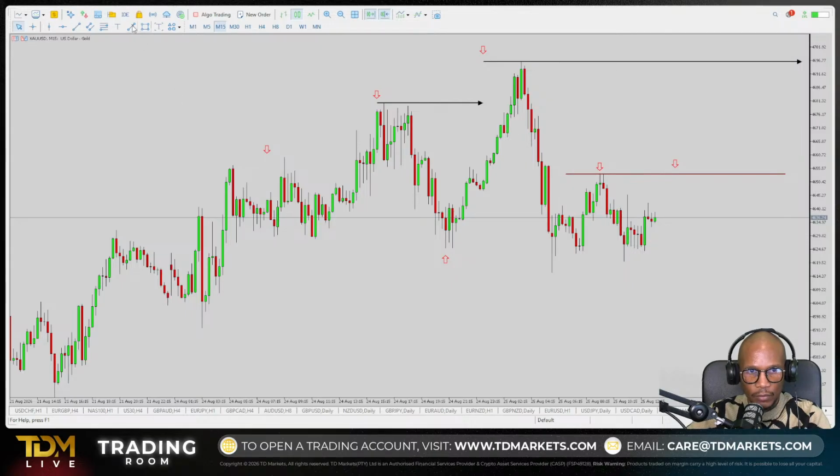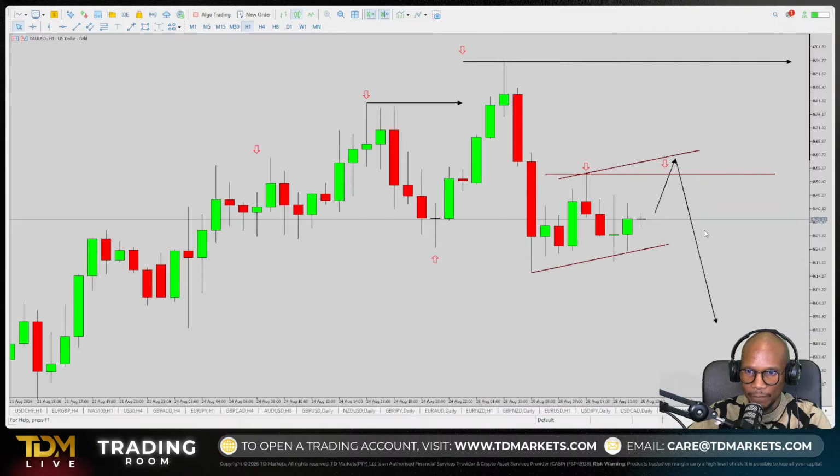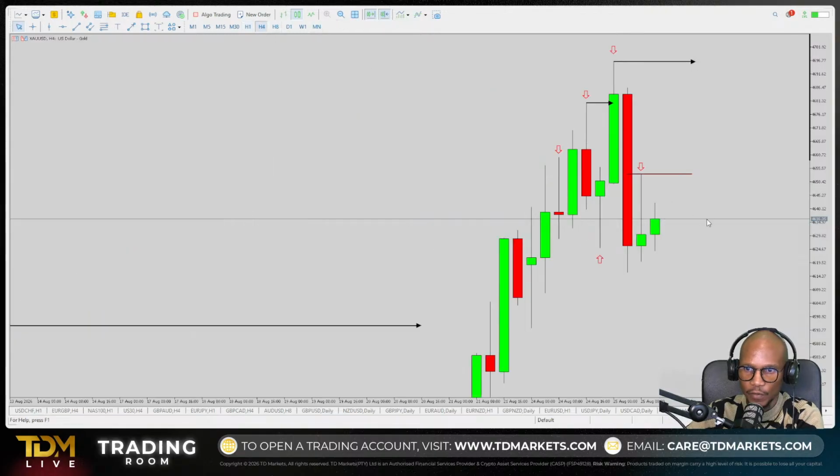We could go up and tap this high. We could even get a break of this high before this happens, because it seems like it's creating a corrective pattern now, the 15 minutes corrective pattern on the M15 and the 1 hour. If we go back to the 4 hour, this is how it's looking.